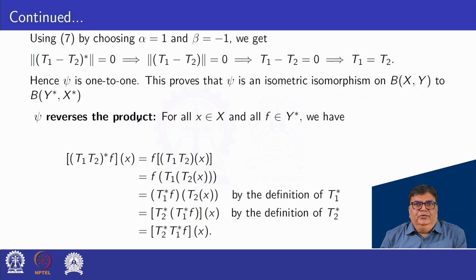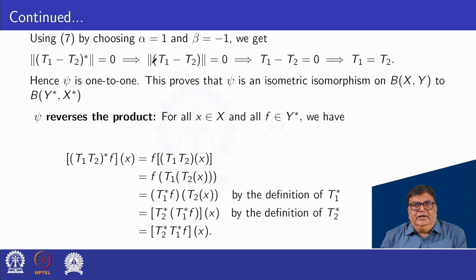And also we know from above that norm of T* is equal to norm of T. So we can write this norm of (T1 minus T2)*, that is norm of T1 minus T2. Okay. So norm of (T1 minus T2)* is equal to 0.